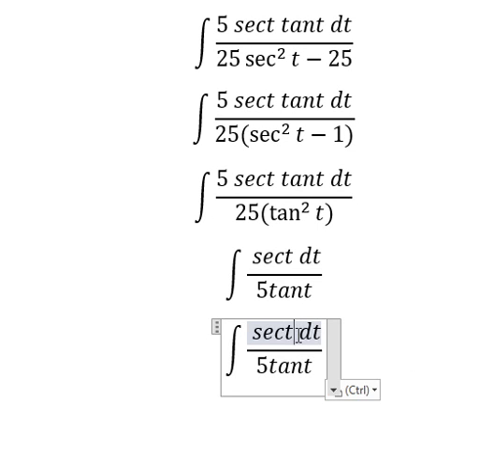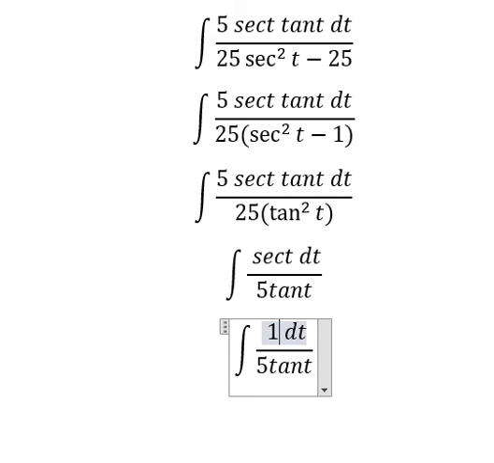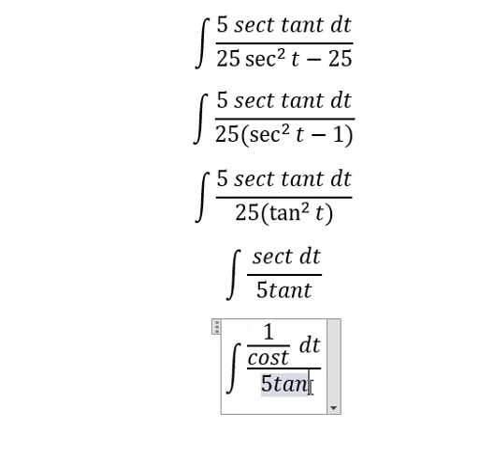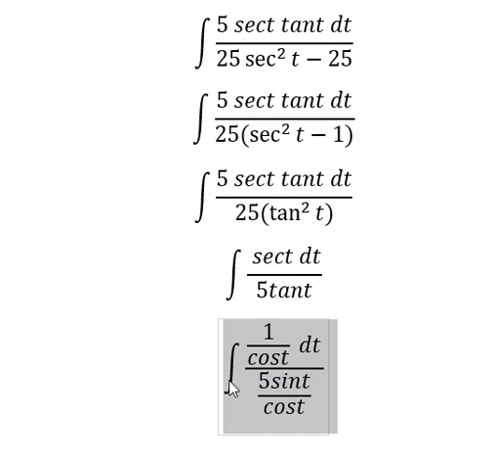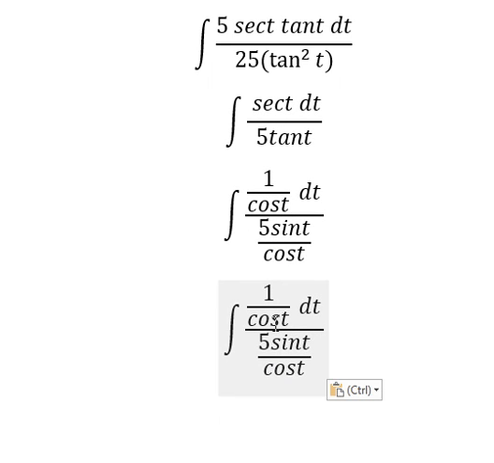So secant of t is 1 over cosine t. Tan t is sine t over cosine t. And now we simplify cosine t, cosine t.